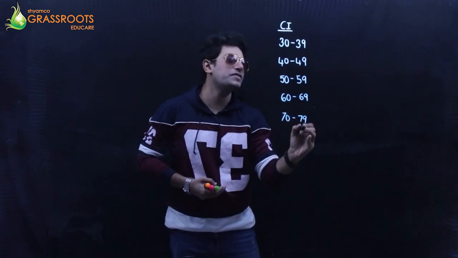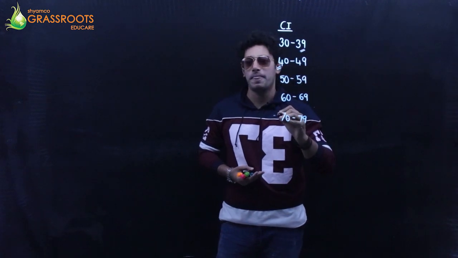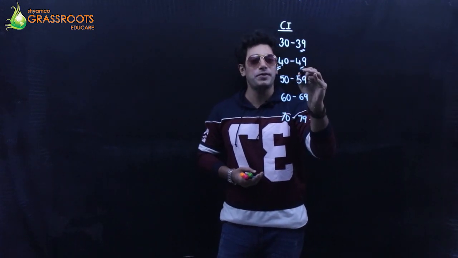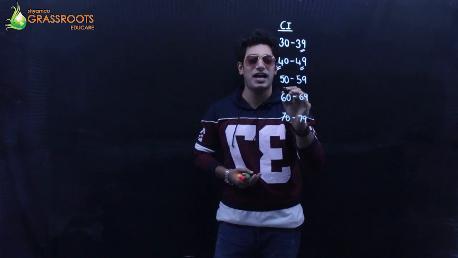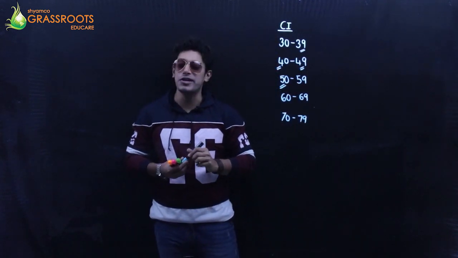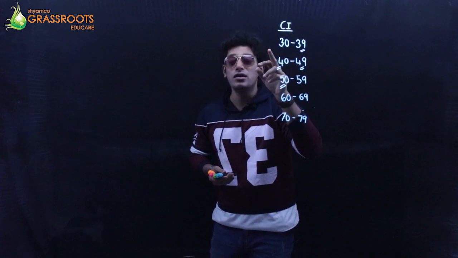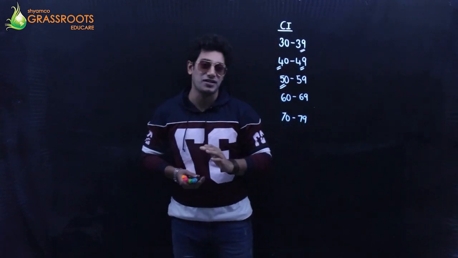Now the problem is it is ending at 39 and starting at 40. The upper limit of the previous class is 49 and the new class lower limit starts from 50. So this we call a discontinuous class. Neither is it starting from 0 nor is the class continuous.